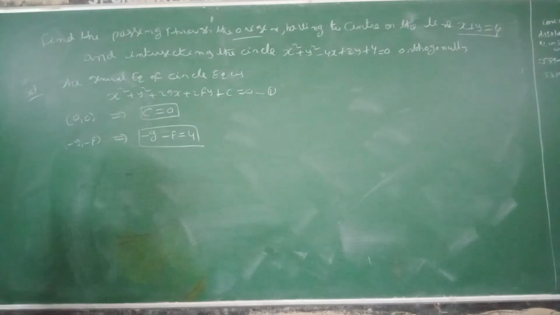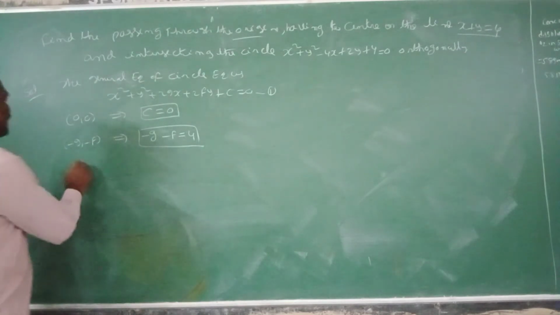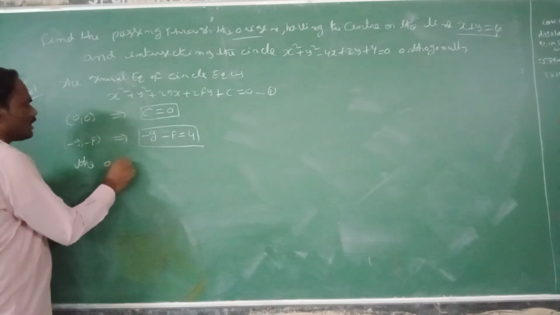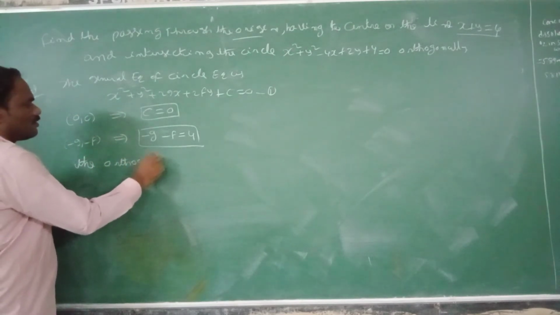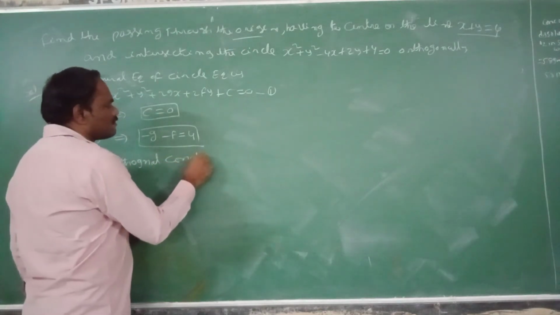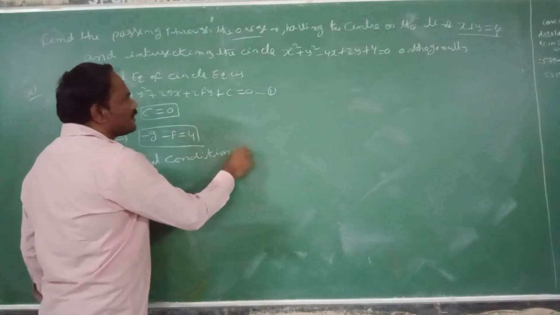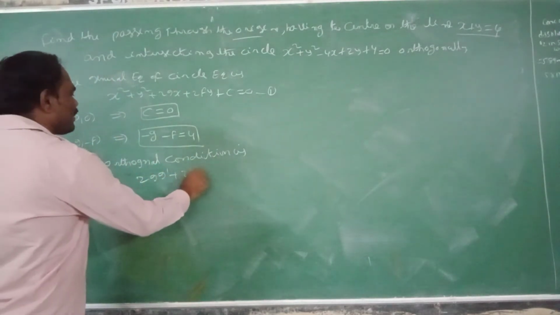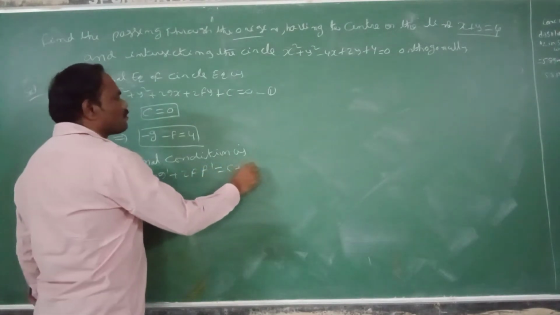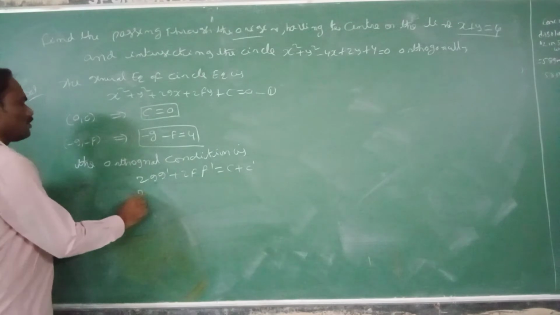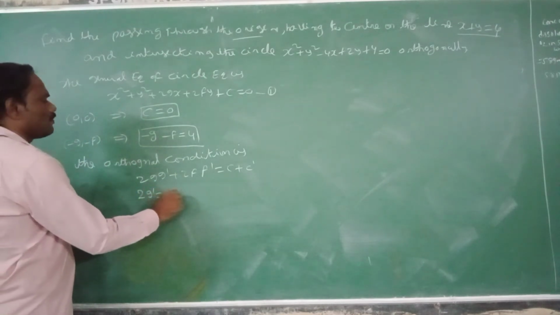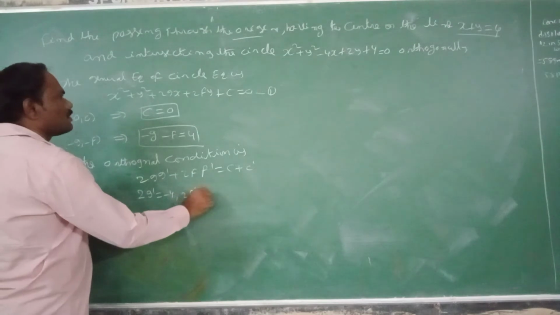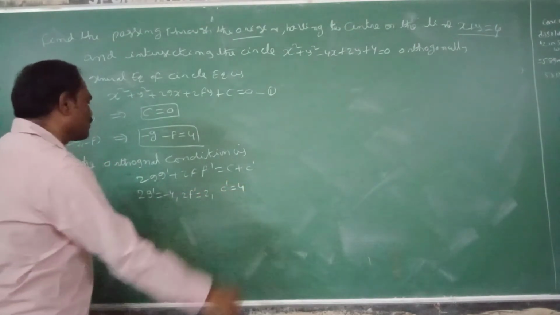Also another condition, the required circle is orthogonal to the given circle. So the orthogonal condition is 2gg dash plus 2ff dash is equal to c plus c dash. 2g dash is equal to minus 4, 2f dash is equal to 2, c dash is equal to 4.